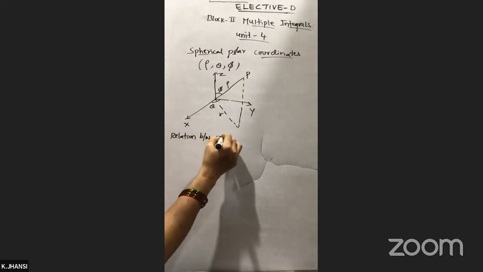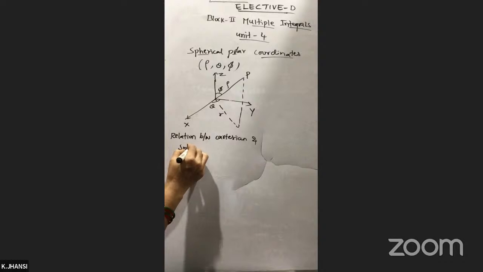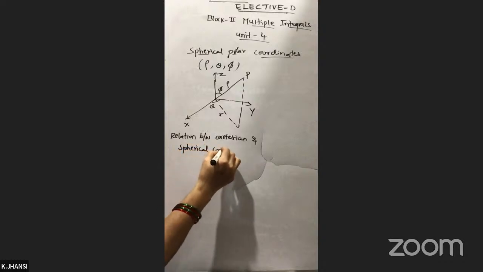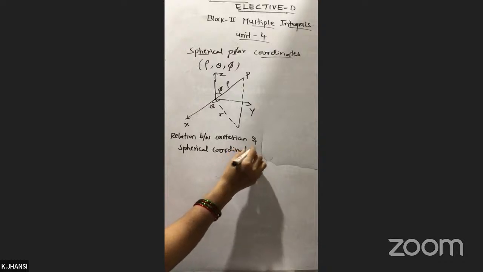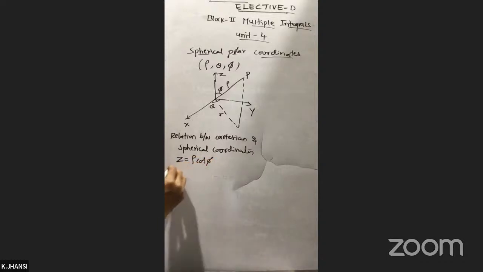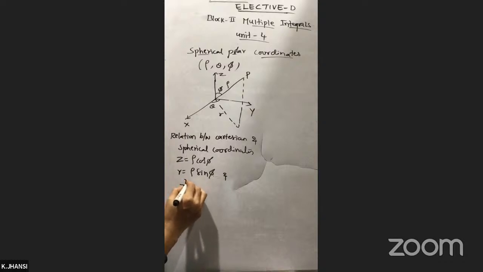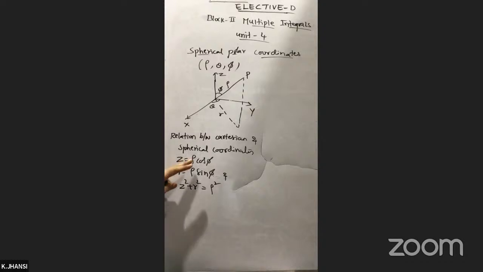The relation between Cartesian and spherical coordinates is z equals rho cos phi, and r equals rho sin phi, and z square plus r square equals rho square. So z equals rho cos phi, r equals rho sin phi. When you square these, z square plus r square gives rho square.